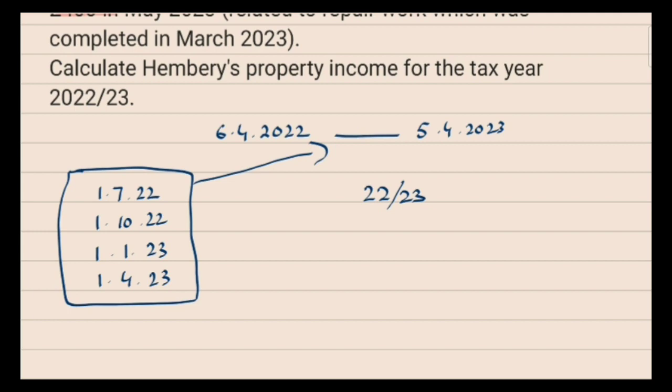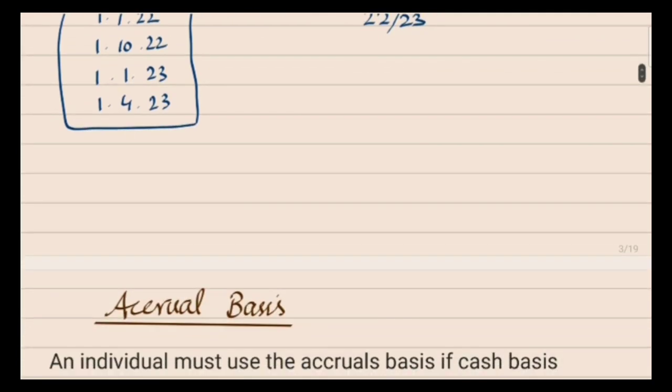And remember that if you have not been given any hint whether to treat the property income on cash basis or on accrual basis, then you have to follow the cash basis. So in accordance with this question, we have to record rental income as $5,000, the whole amount we have received during the year.